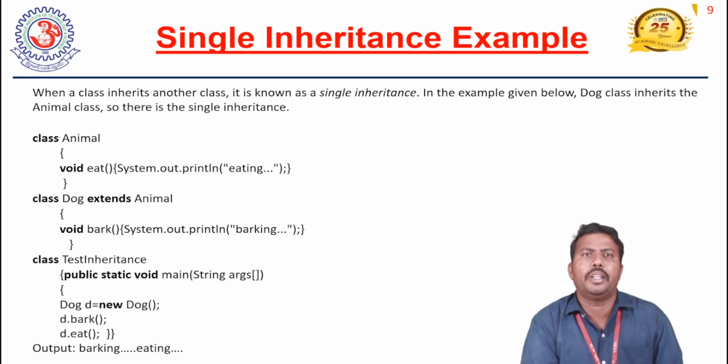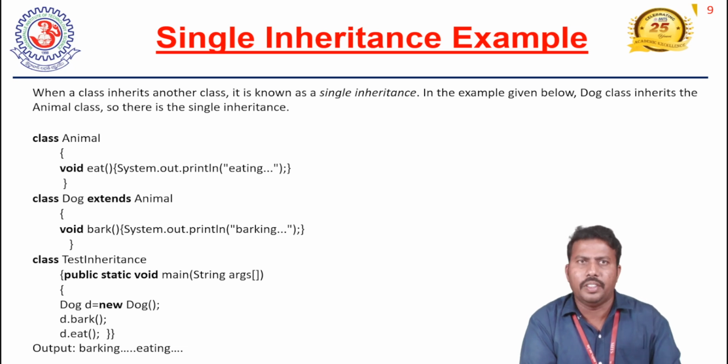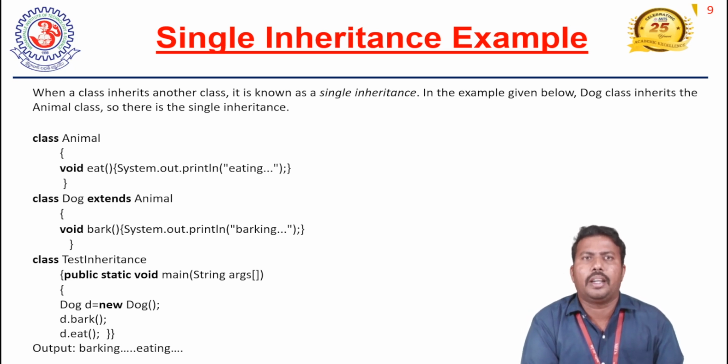By using the object we access all the methods or fields of the superclass or subclass. Here Dog is the name of the subclass, d is the object related to the subclass, and new is the operator which allocates memory for the object d. Dog() is the constructor.